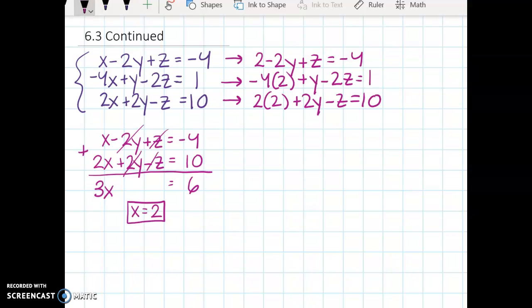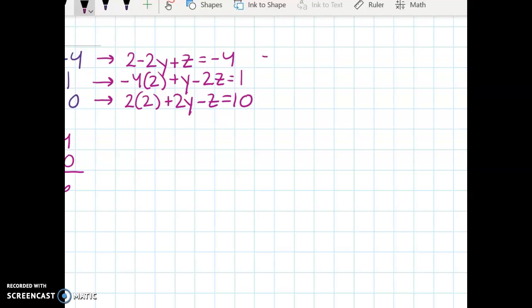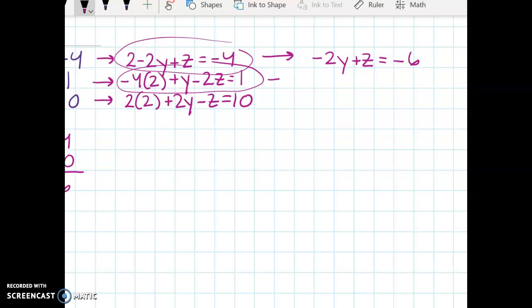And then from here, we could rewrite these again. If we take the first one and subtract 2 from both sides, I have -2y plus z equals -6. The next one is really -8 plus y minus 2z equals 1.